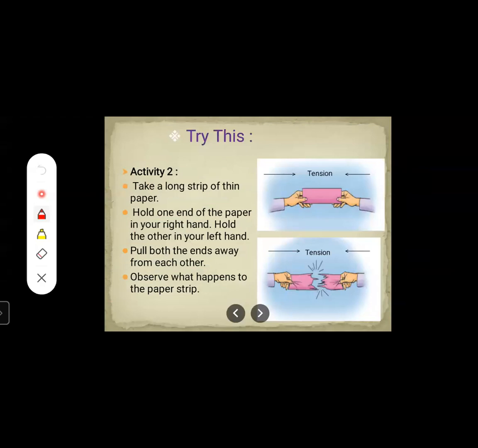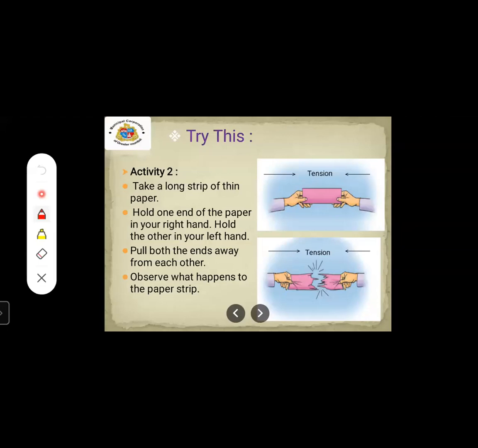Then, to understand the second type of mountain, that is block mountain, see here. Take a long strip of thin paper, hold one end in your right hand and the other end in your left hand. Pull both the ends away from each other.